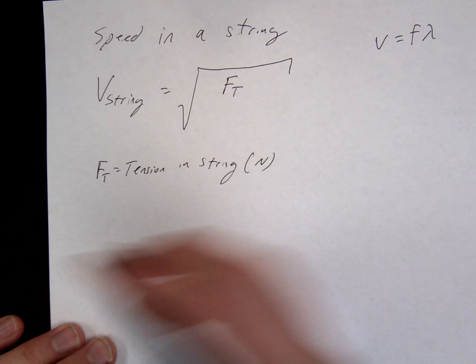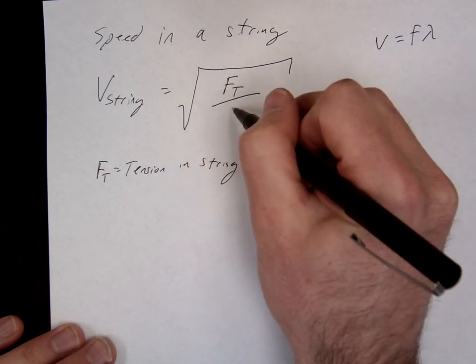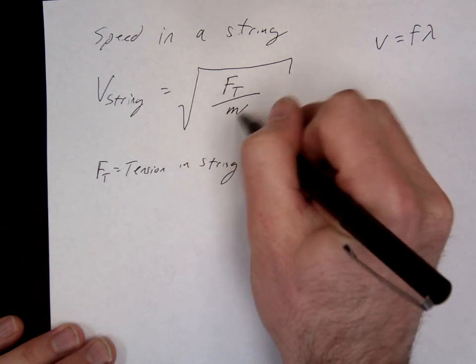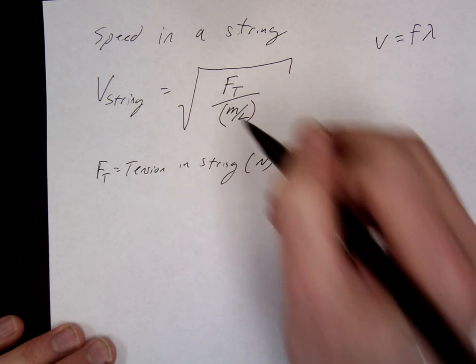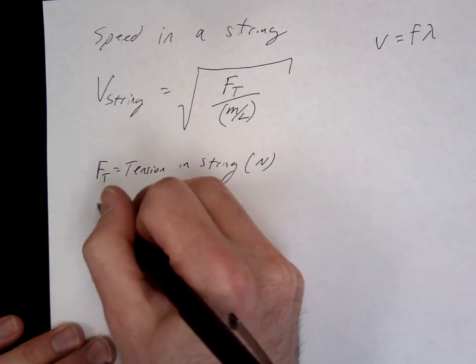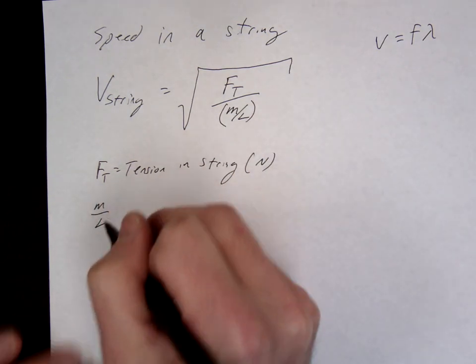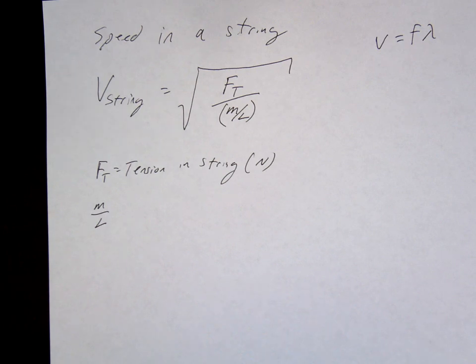So we're going to divide this. Now, it's not going to just be the mass of the string. It's going to be the mass over length, m over L. So if you think about it, you could have a string from here to New York. That's going to be a pretty heavy string, right? If you had a piece of thread from here to New York, even though it's a piece of thread, it's still going to be pretty heavy.